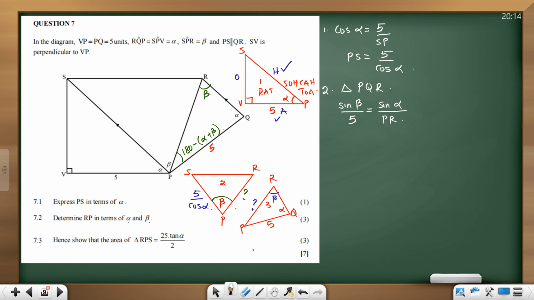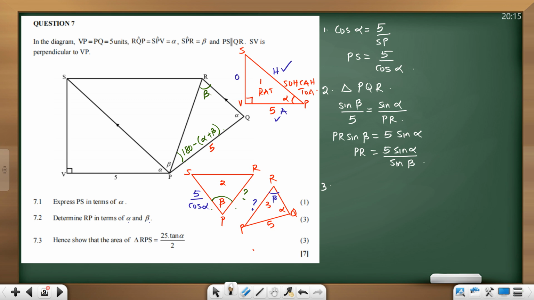PR. Cross multiply, PR sine beta. So both triangles have information, but triangle 3 helps us better. Beautiful question. PR is 5 sine alpha over sine beta. That's why drawing out the triangles just makes a lot of sense.